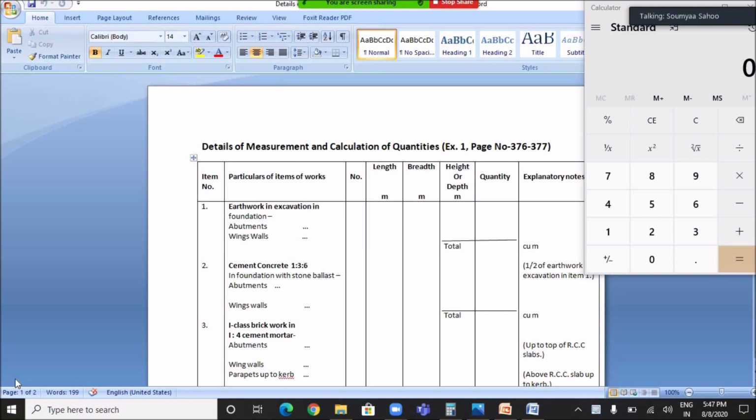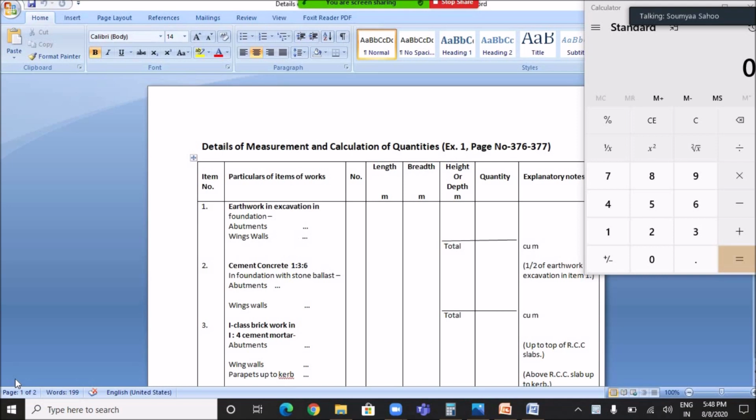For the detailed estimate of RCC slab culvert, we have to prepare a table like shown in the screen. The table will consist of item number, particulars of items of work, the number of items, and length, breadth and height or depth in meter, then quantity and explanatory notes if there are any.